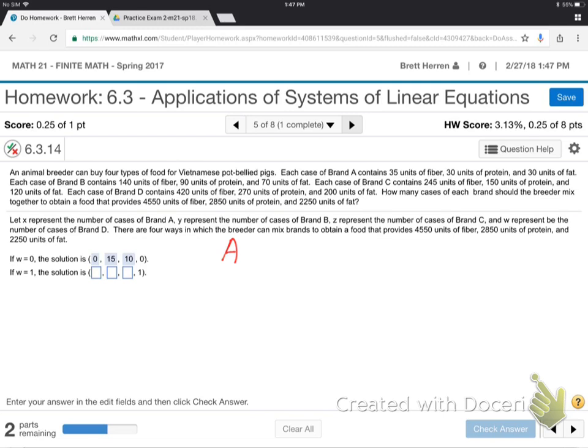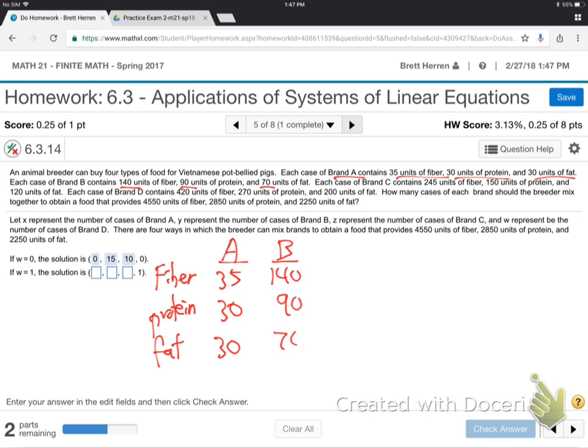There's brand A, and there's fiber, protein, and fat. I'm looking right here. Fiber, protein, fat, and that's for brand A. And that's 35, 30, and 30 for brand A. Then for brand B, it's 140, 90, and 70.